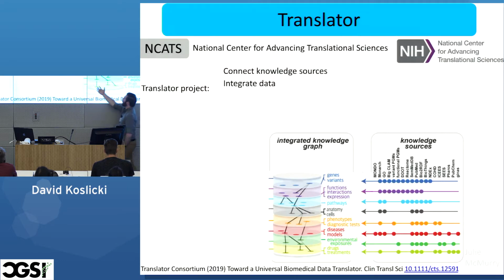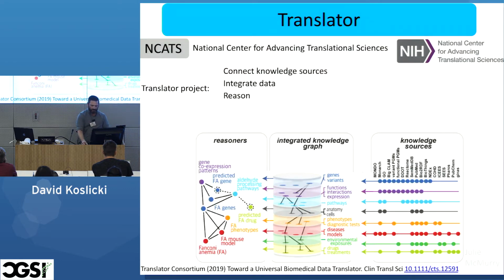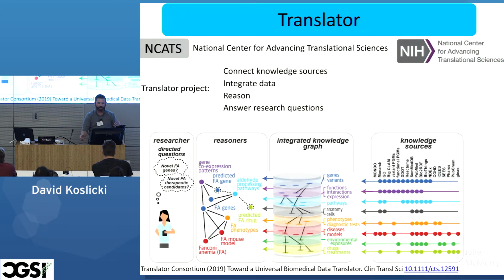So here you can see it integrated, and you can see that the genes and the gene functions and the pathways and the phenotypes and the diseases and the genotypes and everything like that all are in the same sort of data structure so that we can easily move back and forth between them with the purpose of being able to reason over it. Can we connect up these little bits of information to reason over it in order to answer research-directed questions?